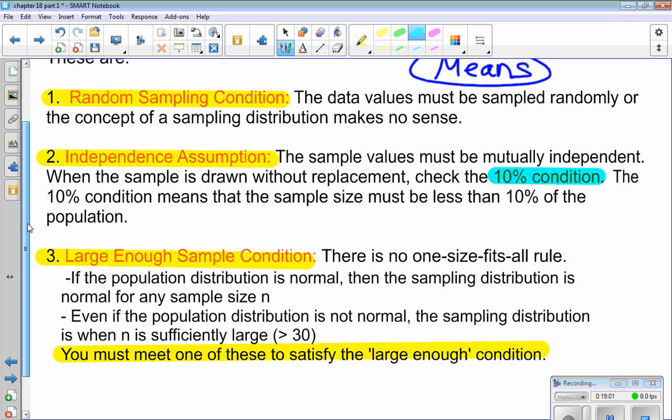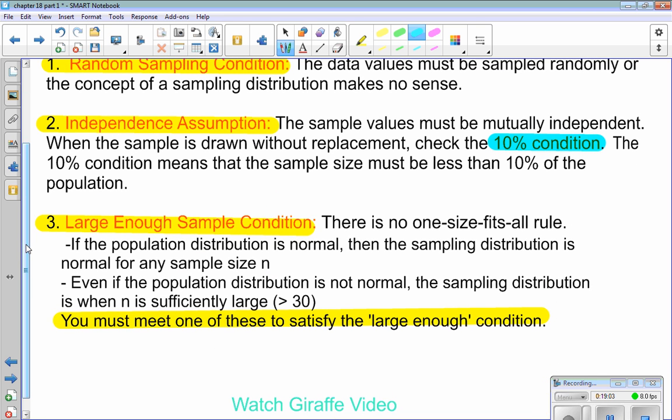And then the last condition is called the large enough condition, and this one is a little harder to satisfy. If you are told that your population is normal, like the heights of giraffes, we know the heights of giraffes are already normally distributed.